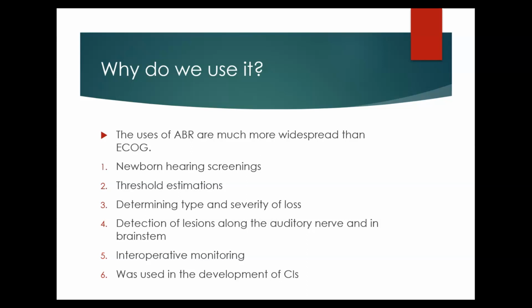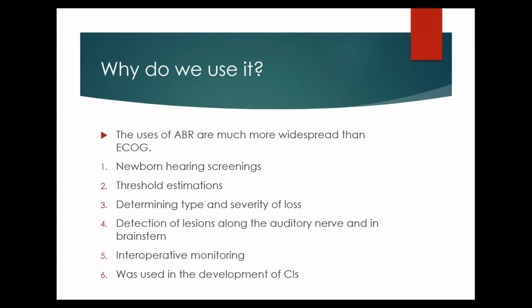So some hospitals will use a combo OAE ABR screening. So if a baby fails the OAE, they will do the ABR right away after that. And also the ABR is a little more sensitive to noise, like if the baby is moving around. So those are some of the reasons why we don't always use ABR in the universal newborn hearing screening.